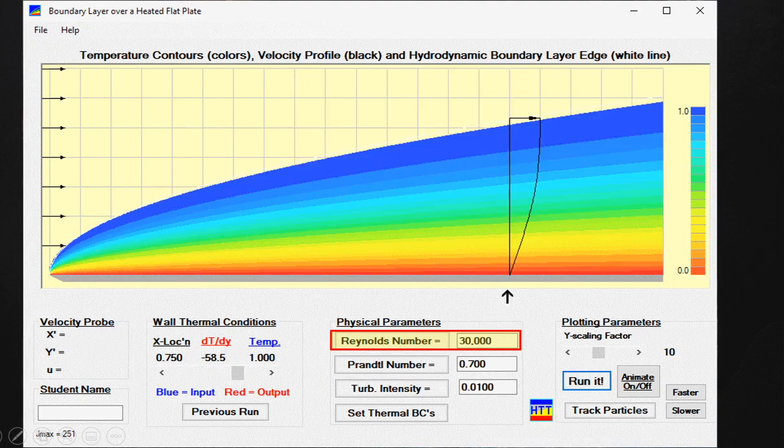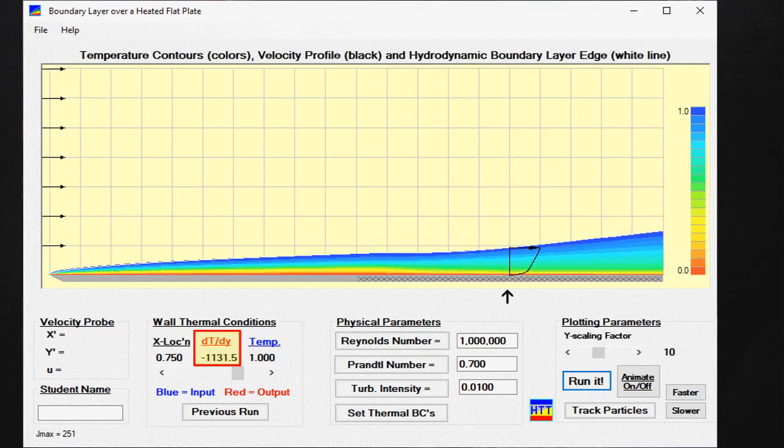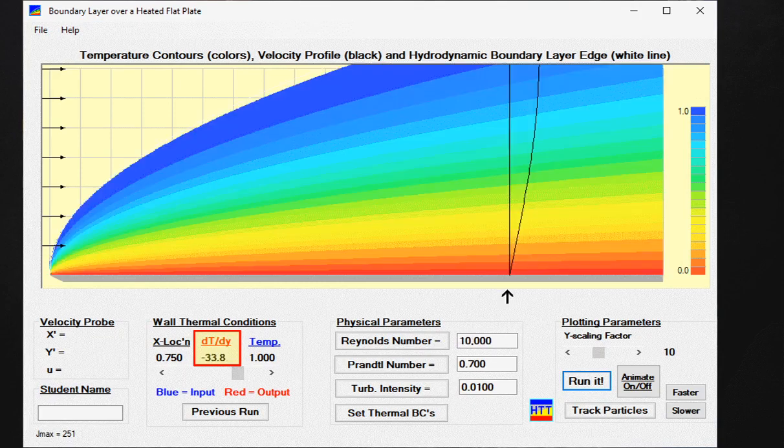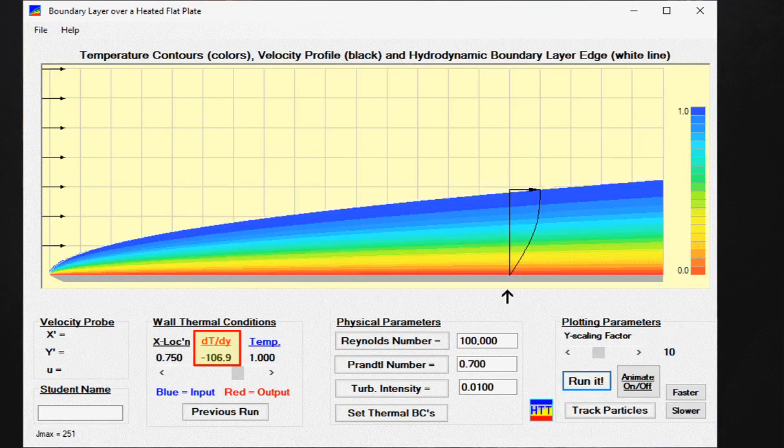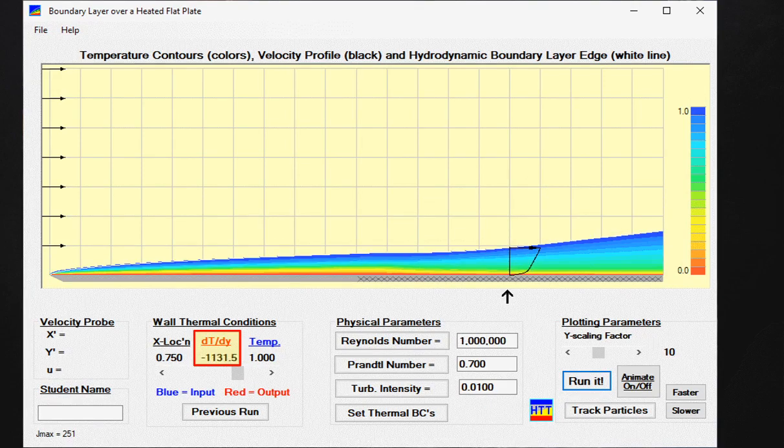All right, but there's also given here the temperature gradient. So look at how the temperature gradient varies across this velocity boundary layer.